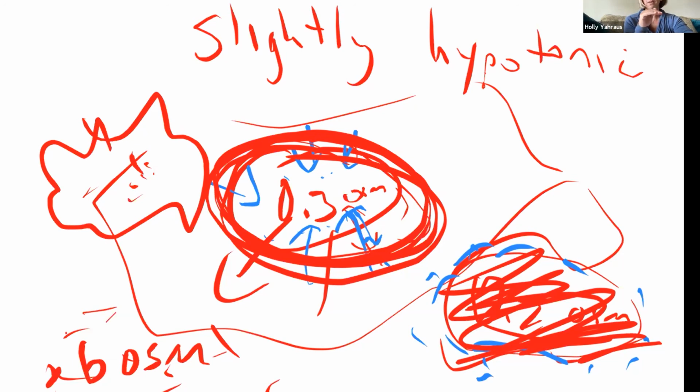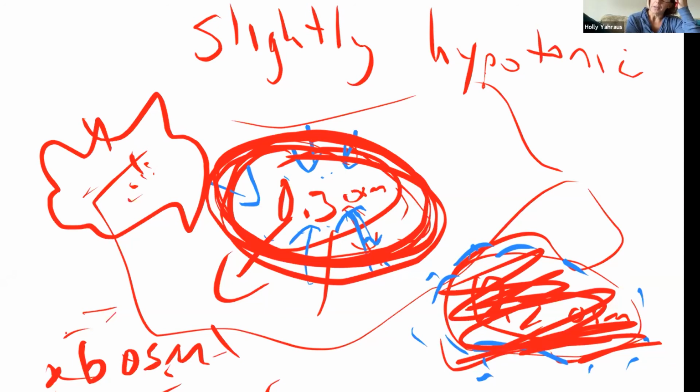Wouldn't it be anything over 0.3? Anything over 0.3, you're going to start losing water and crenating. Anything below 0.3, you're going to be taking on water and starting to inflate. How much you inflate depends on the osmotic gradient. If you really overinflate, you're going to pop and hemolyze.